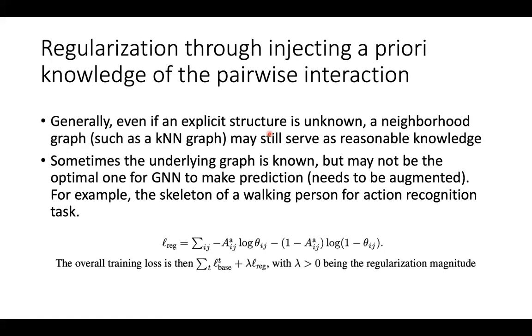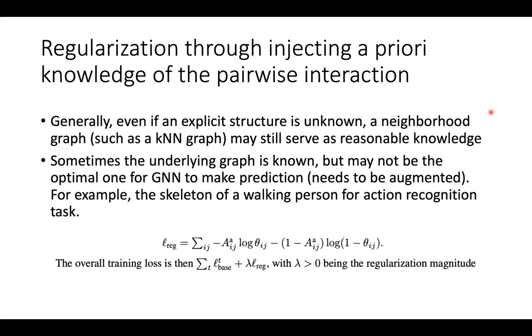Another thing is that besides this, they add a regularization through injecting prior knowledge of the pairwise interaction. Generally, they note that even if an explicit structure is unknown, a neighborhood structure such as a KNN graph may still serve as reasonable knowledge.